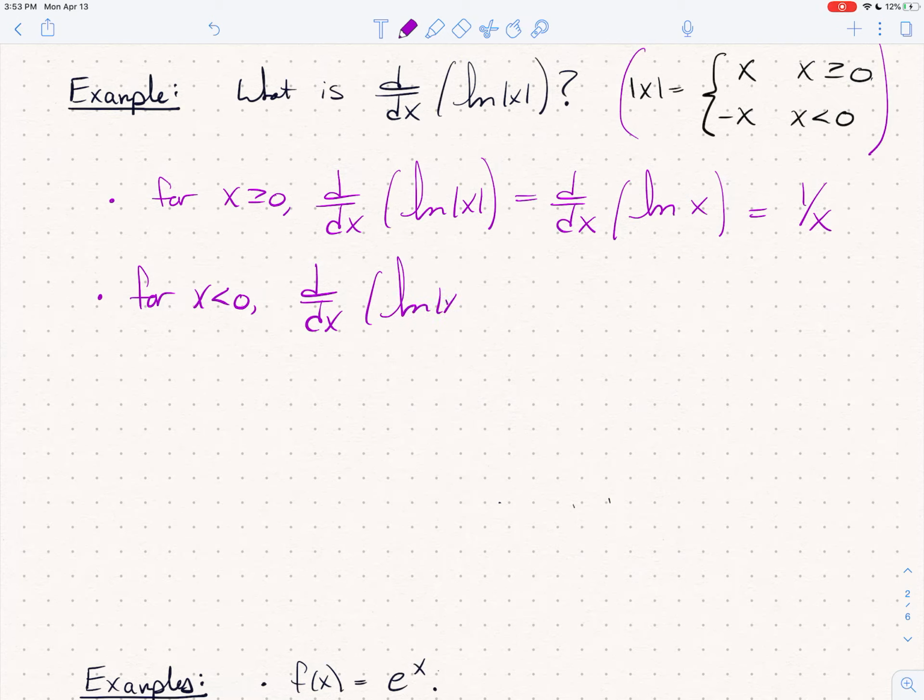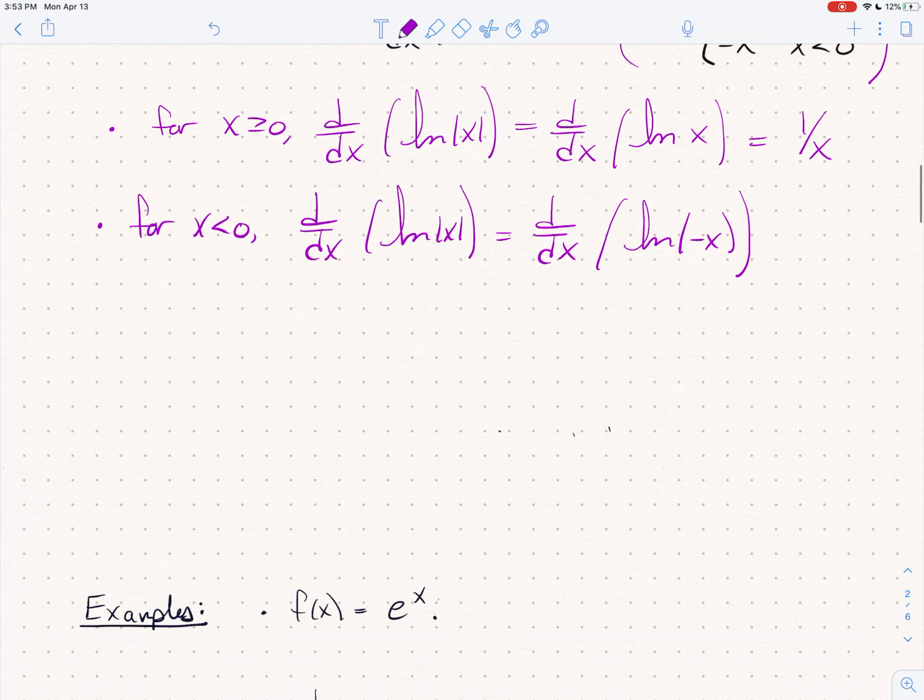Well, the derivative of the natural log of the absolute value of x becomes the derivative of the natural log of minus x. What am I doing? Absolute value of x is negative x when x is less than 0. The absolute value of negative 2 is negative of negative 2, which is just 2. So now I'm going to use the chain rule: the derivative of the inside is negative 1, over the inside, which just becomes 1 over x.